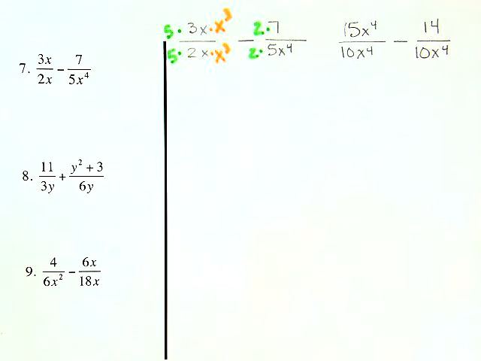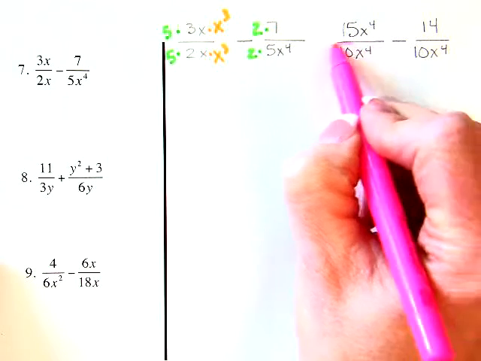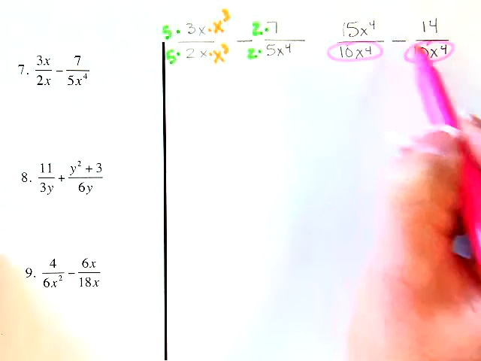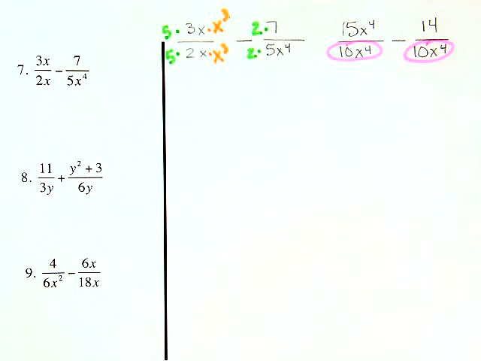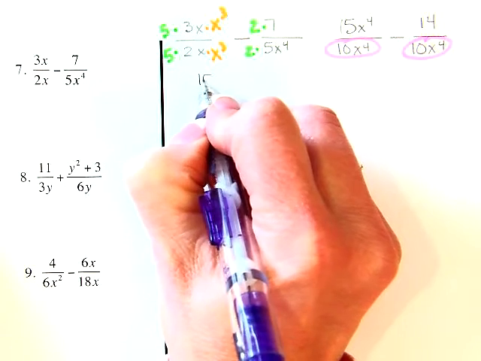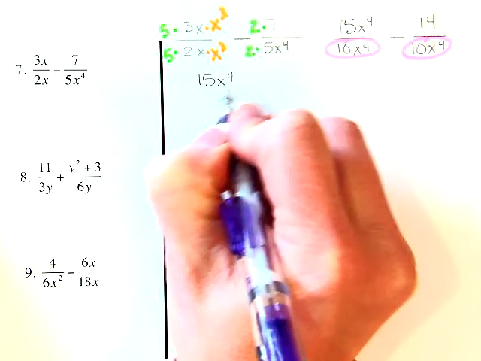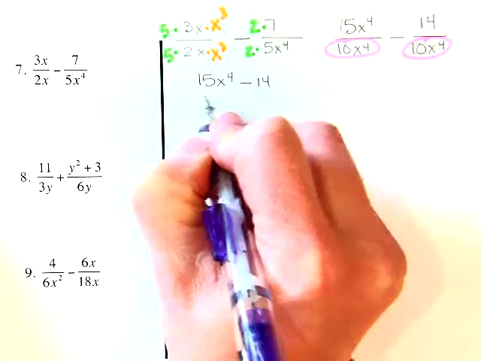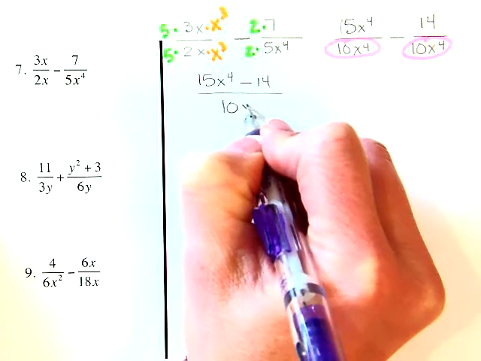So as you can see, we now have a common denominator. We are minusing, but we're minusing just a single term here, so we don't have to worry too much about our subtraction. So here's what our fraction looks like now. 15x to the 4th minus 14 all over 10x to the 4th.